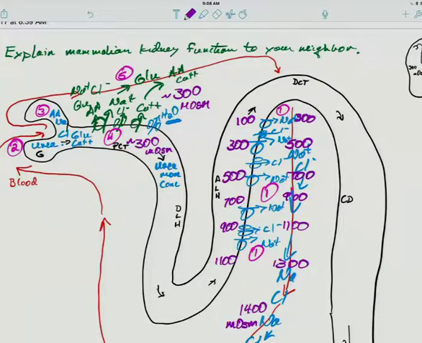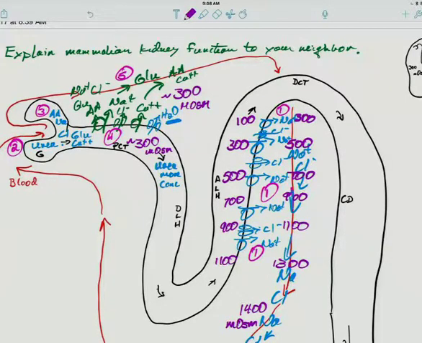Okay, think through that and make sure it makes sense. So these pumps at any single location can create about a 200 milliosmol difference. Okay? So up here, it's going from maybe 100 to 300. Down here, 300 to 500.